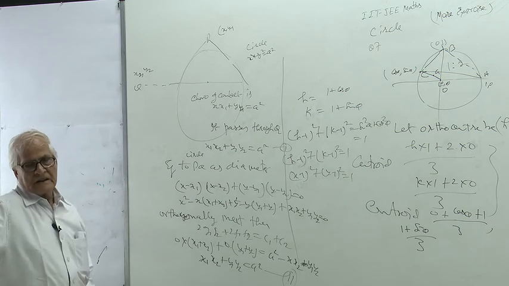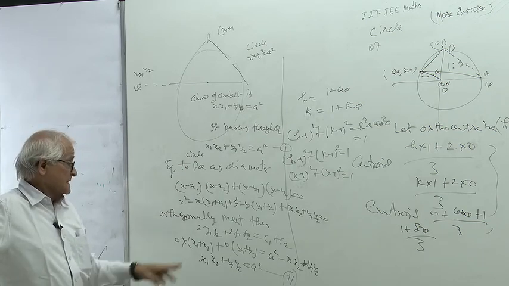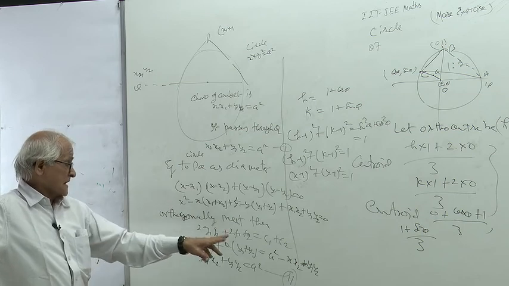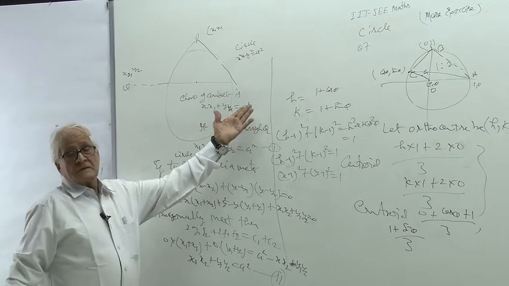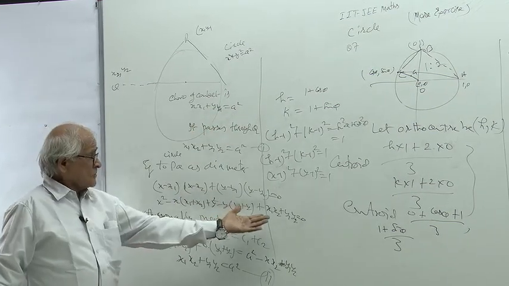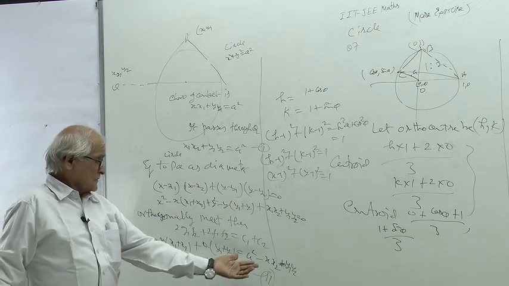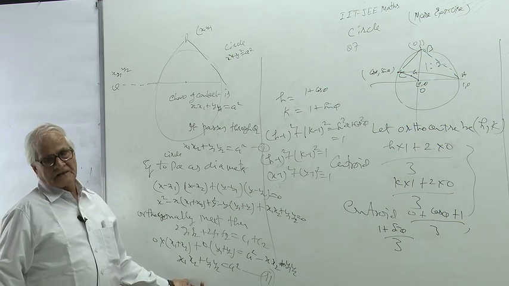Now you see, if they meet orthogonally, then 2 g1 g2 plus 2 f1 f2 is equal to c1 plus c2. Here c is minus a square. Here it is x1 x2 plus y1 y2. Therefore we have this is equal to 0. We have the second relation.